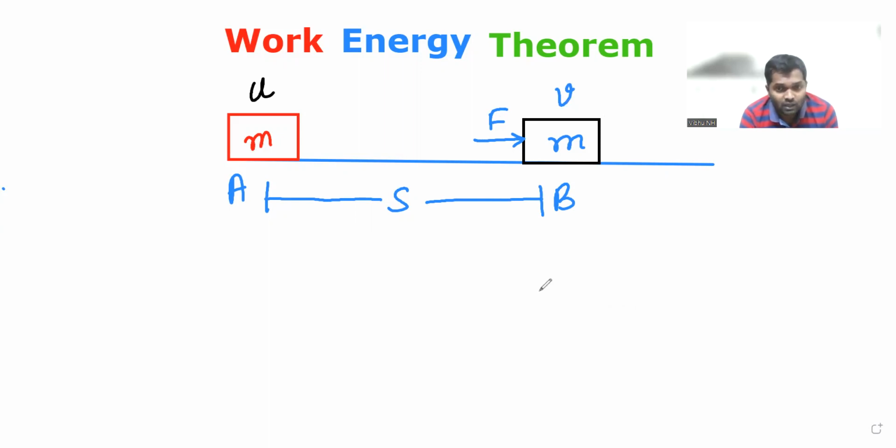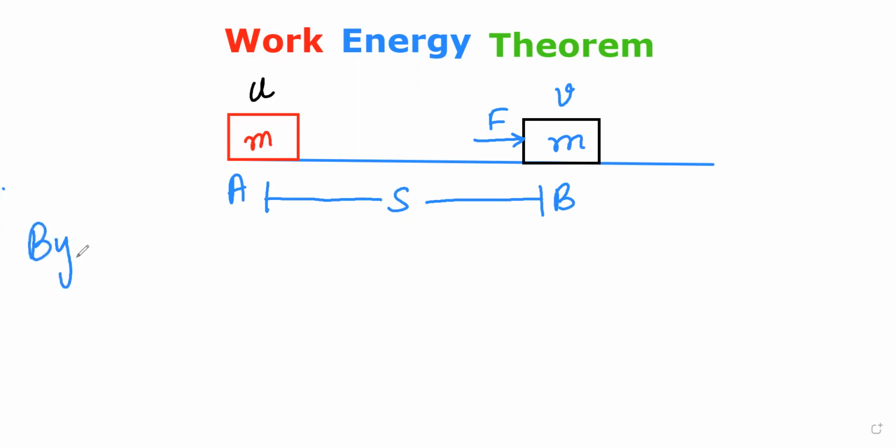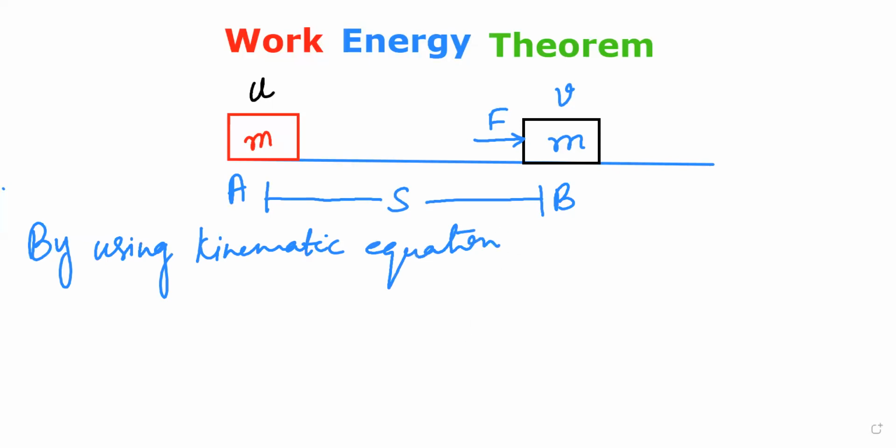All right. Now, what is happening? Definitely, when the force acted on the body, there is a change in the velocity. Now, by using the kinematic equation, V square minus U square equals 2AS.